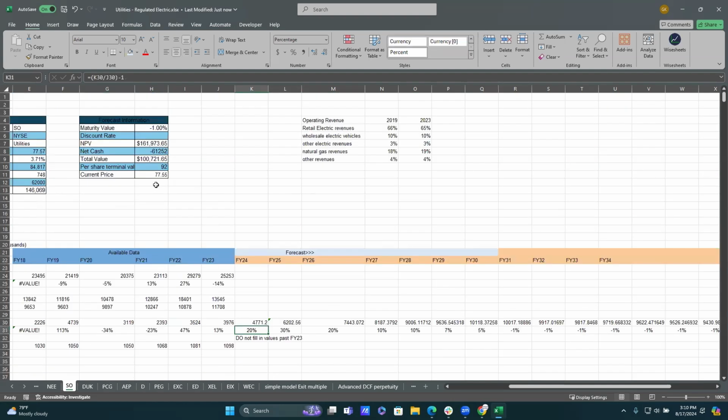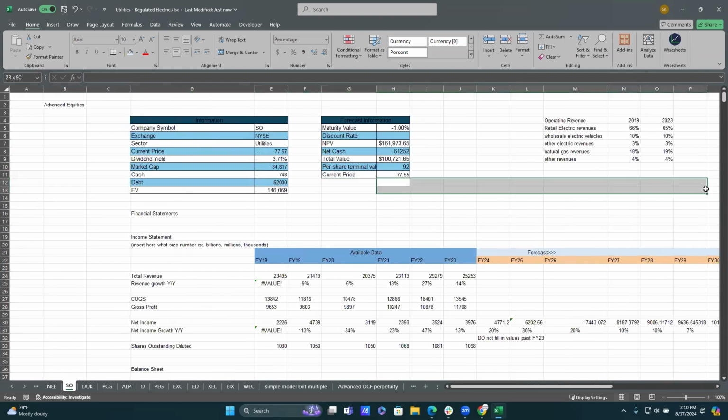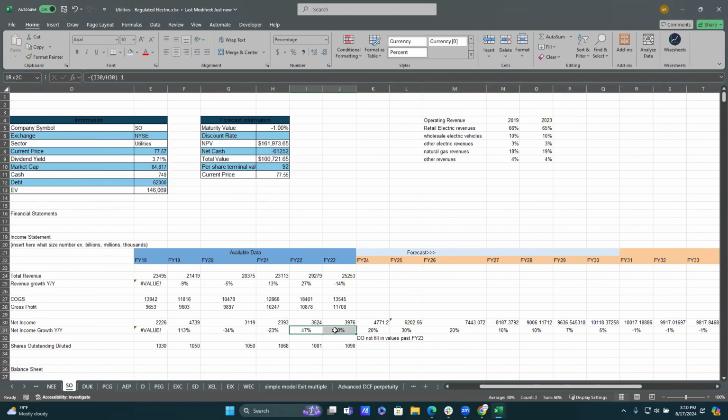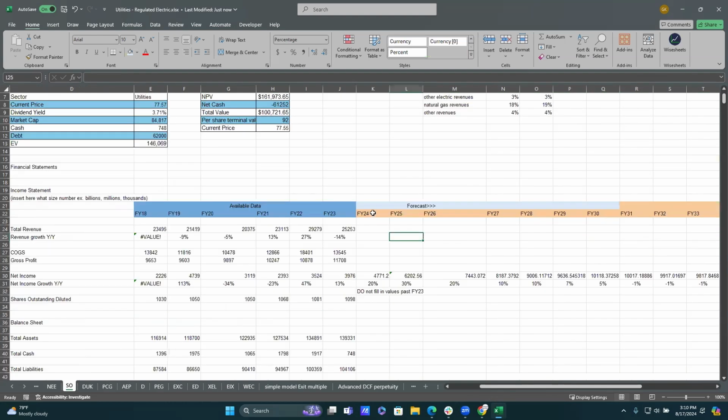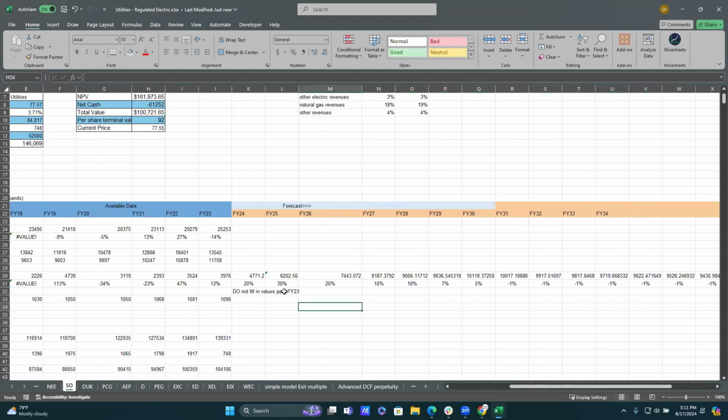Now, I estimate that the Southern Company, based on their past growth in the past years and based on trends in the utility sector, will in fiscal year 21 increase their net income by 20%. And then I expect in fiscal year 25, a 30% increase. And how did I come up with these? Like I said, I just made it up, because these are estimates.